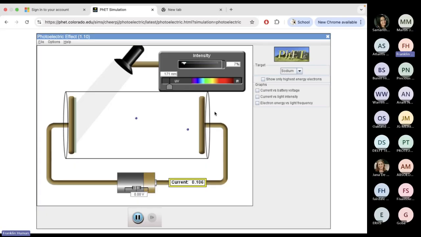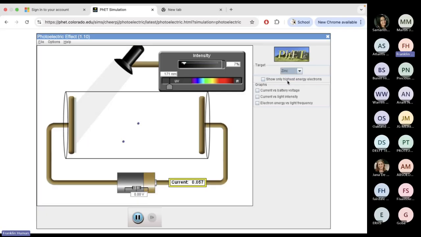You can see at the bottom over here on my battery or my cell, there is a potential difference of 0 between these two electrodes. That can be adjusted, but we'll touch on that a little bit later if we have time. So those electrons move at a certain speed between the electrode on the left and the electrode on the right.